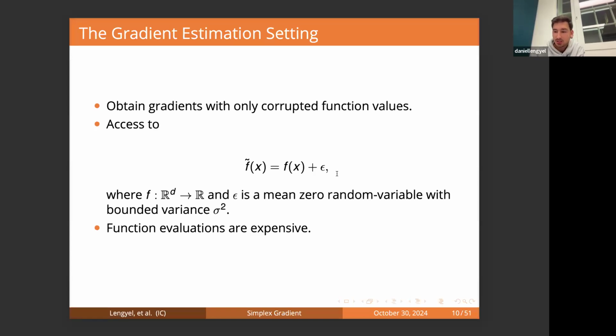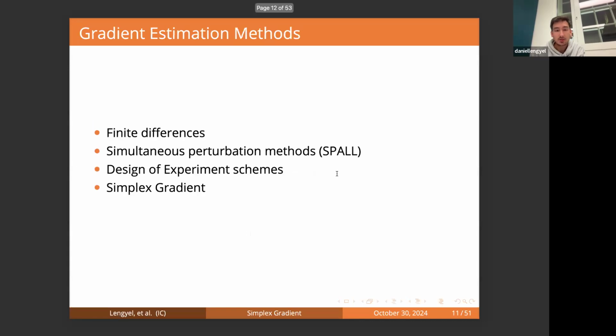Okay, so what kind of methods are available for this? The classic methods are finite differences, then you have your SPSA methods, design of experiment schemes, and the simplex gradient. Finite differences, I think the most common one, is really just take some kind of grid, you take your differences, you divide by the difference in the x values and you get some kind of local estimate of your gradients. However, they are not very flexible because you're given some kind of layout.